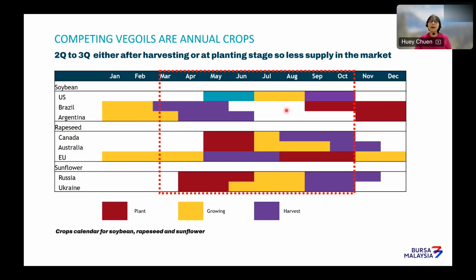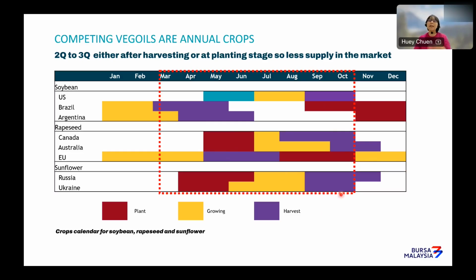Because these are annual crops, there are planting and harvesting seasons. Usually the planting of all these crops happens towards the second and third quarter, and they only start harvesting towards the late third quarter, and in the fourth quarter the harvesting will start.